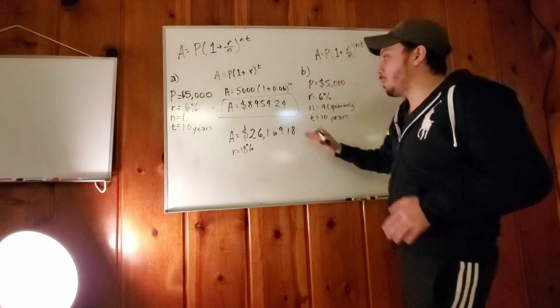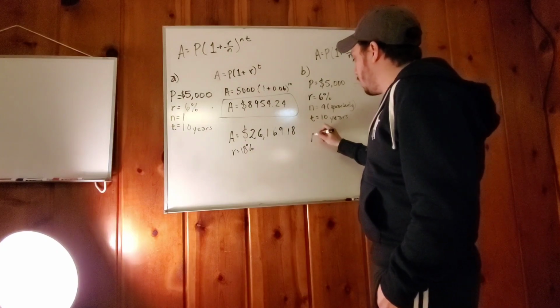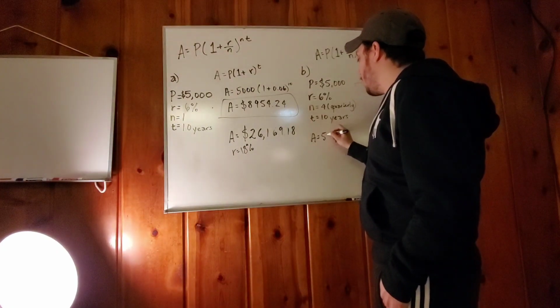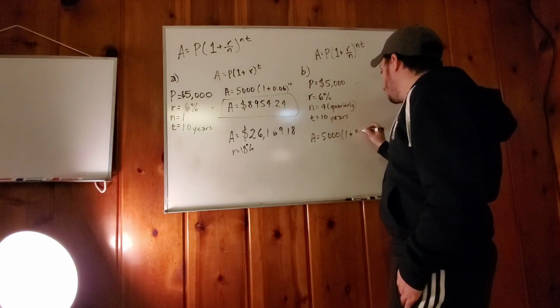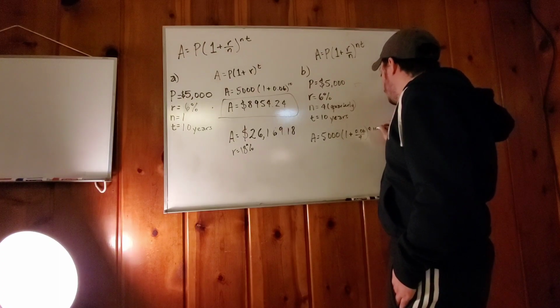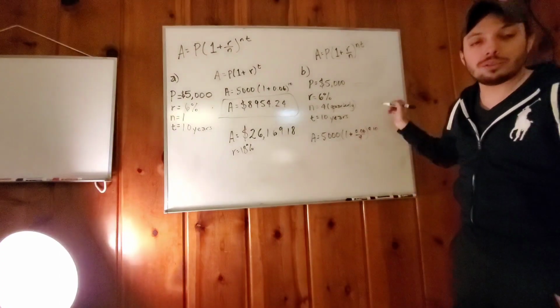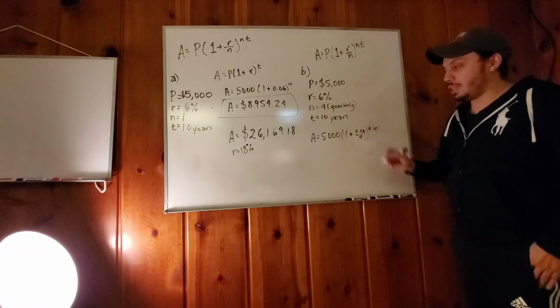So it equals 5,000 times 1 plus 0.06 divided by 4, to the 4 times 10. So this becomes 40 right here, and this becomes something else.